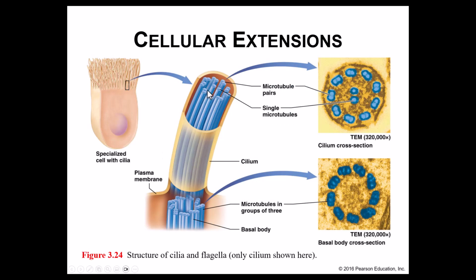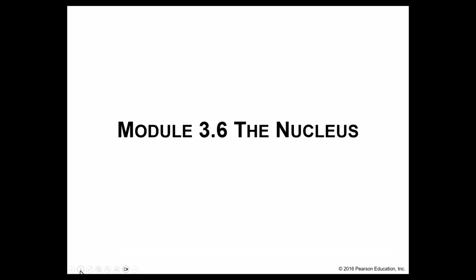And here you can see the formation, that 9+2 pairing, 1, 2, 3, 4, 5, 6, 7, 8, 9, that form the center of our cilia and the base of our flagellar tail.